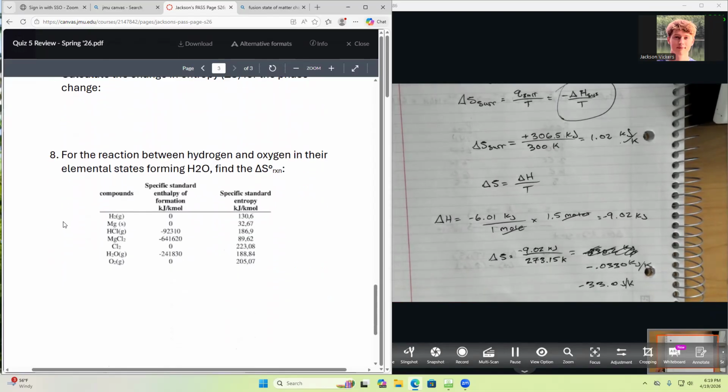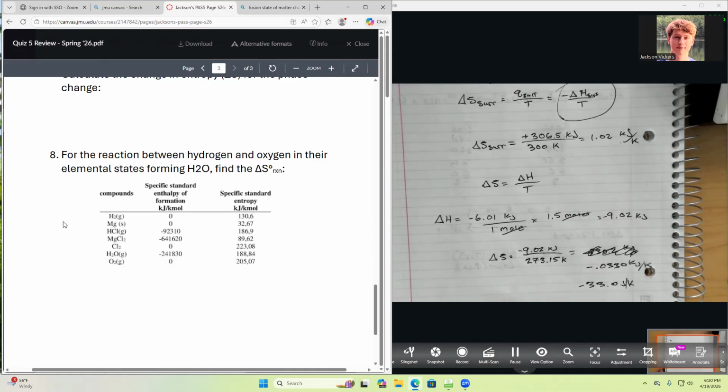And then this last one, we can go through pretty quick because this is very standard stuff. It's like the Hess's law stuff from Chem 131. So we're told that when we have a reaction, we can calculate the delta S standard for the reaction by using these tables of values for the reactants and products. And again, the way we do that is we multiply by the stoichiometric coefficients, and it's products minus reactants.